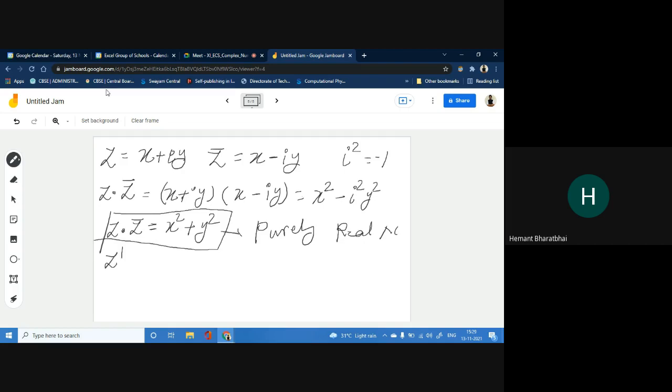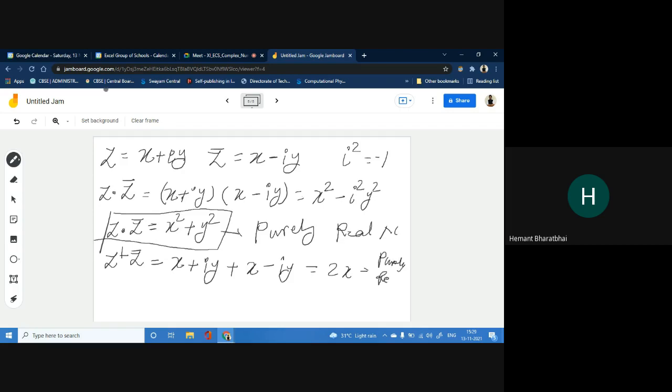So if you want to get a purely real number, then what you can do is multiply a complex number with its conjugate. Let's see what happens if I add a complex number with its conjugate.